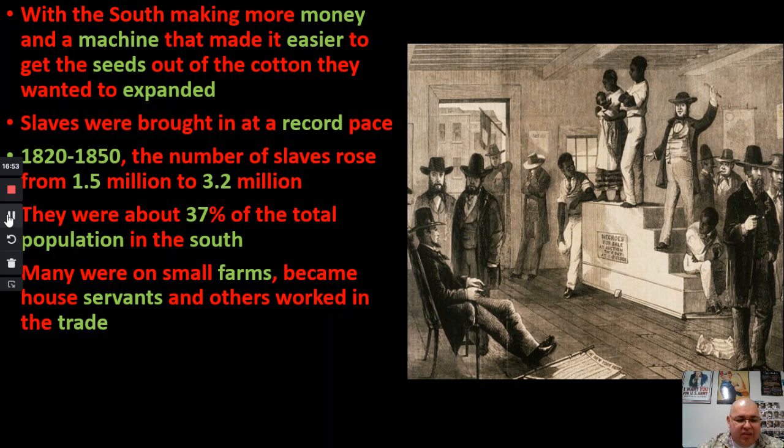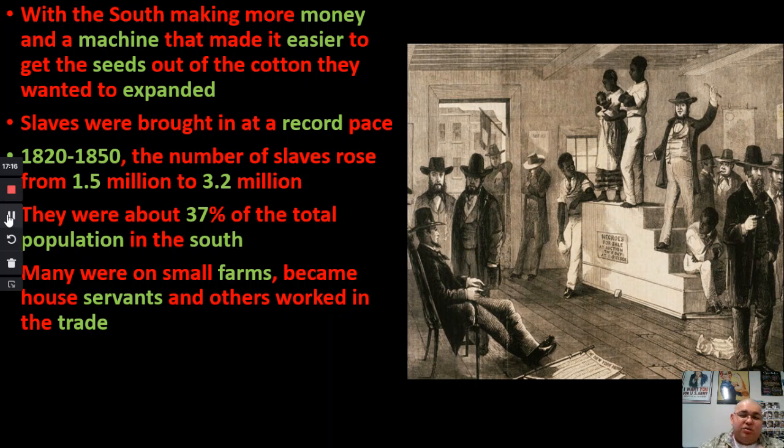So think of it like this: from the 1700s up until 1820, there were 1.5 million slaves. So it took like 120 years to get to that point. But because of this, in just 30 years, they accomplished the same amount and actually a little bit more.